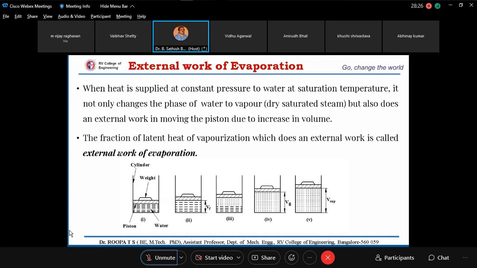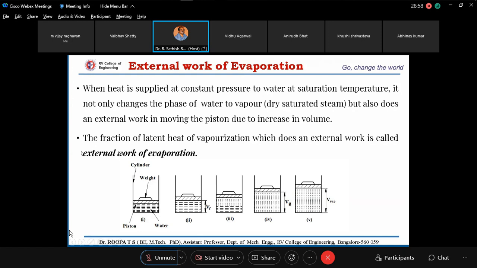Then I had explained in the class also, where does that heat energy go after the complete conversion of the water particles into vapor? With the continued supply of heat, where will it be utilized? It will be utilized in the form of displacement of the piston. As you can visualize with all these diagrams, the position of the piston is getting changed.